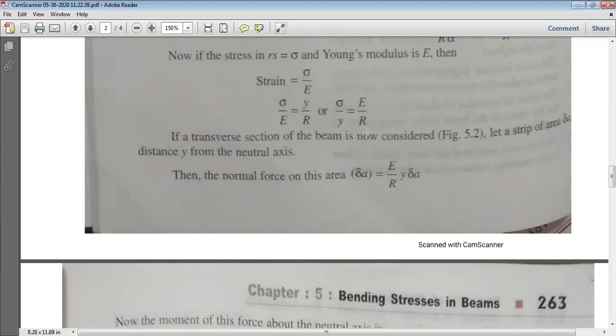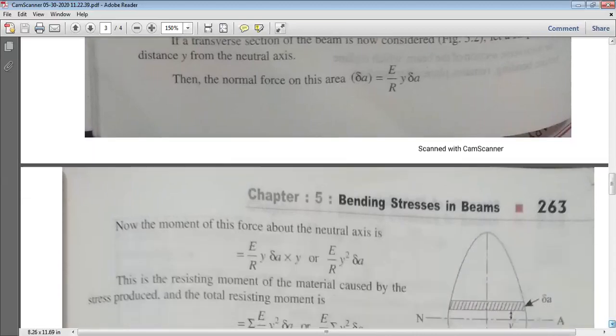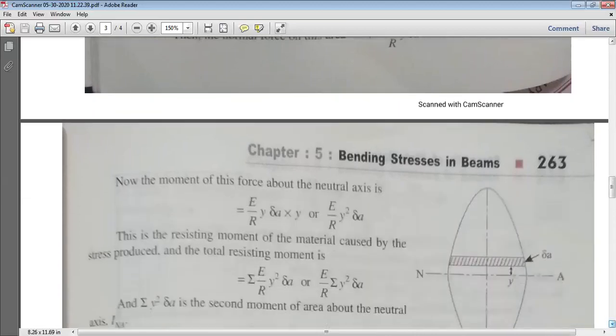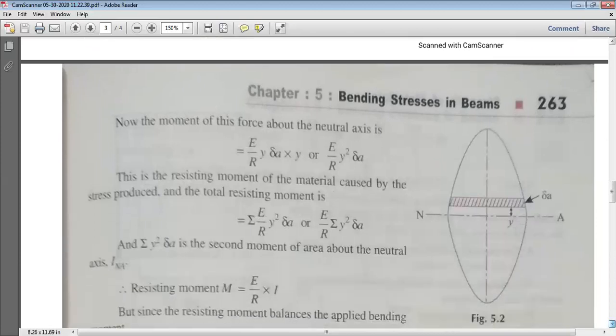Substituting this value, as we know, force is nothing but stress multiplied by area. So stress is E by R into Y, and delta A is the area of the strip. This way we can find that the normal force on this area will be E by R Y into delta A. Now we will be extending this situation to the whole element, because this force is along the one strip delta A, you can see.